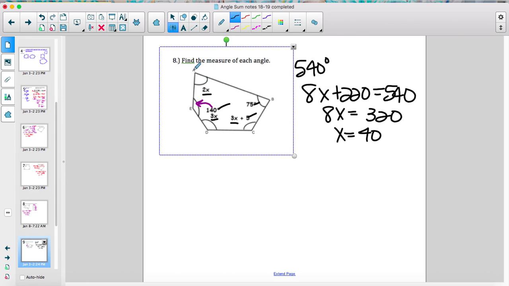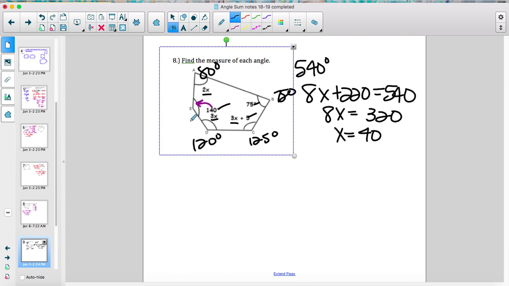2 times 40 gives us 80 degrees at A. The value of angle B is just the 75 that was listed there. 3 times 40 plus 5 is 125 degrees at angle C. And angle D is 120 degrees.